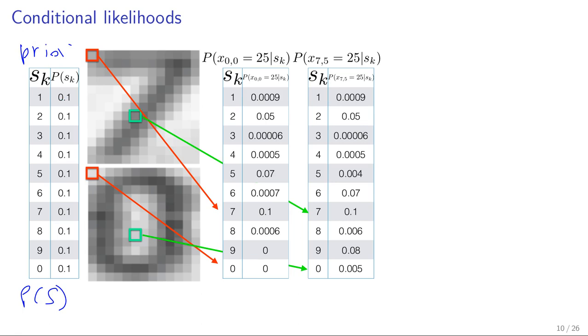Okay. And these are the likelihoods. So this is for one. This is the pixel at 0, 0, which is this one. Now for a 7, you see that it's like a 0.1 likelihood if this pixel has this particular value, which is 25. Yeah, it's a 10% chance that it will be a 7, which is quite a big chance.